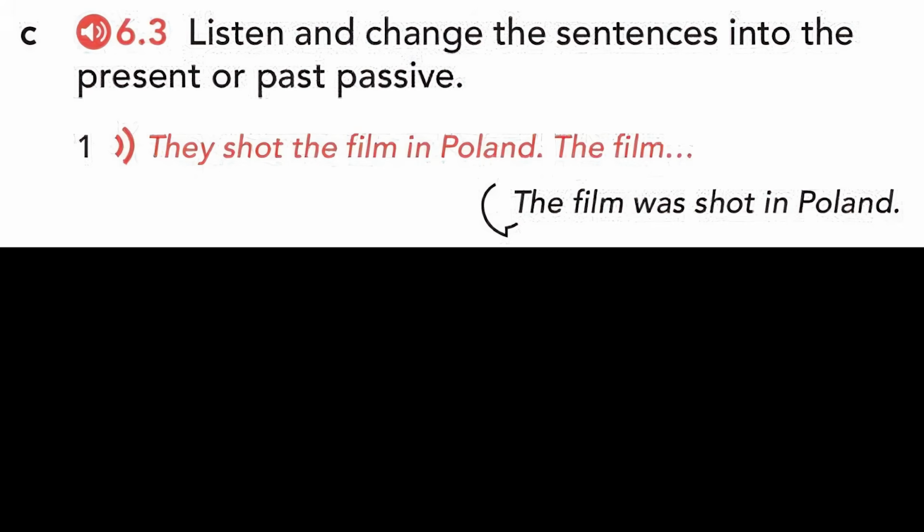6.3. 1. They shot the film in Poland. The film was shot in Poland. 2. They speak English here. English is spoken here. 3. They didn't employ me.